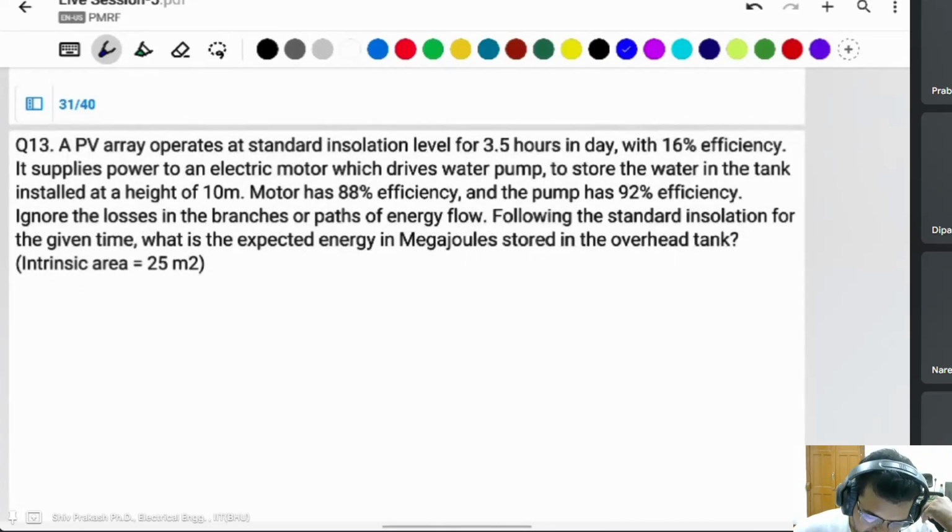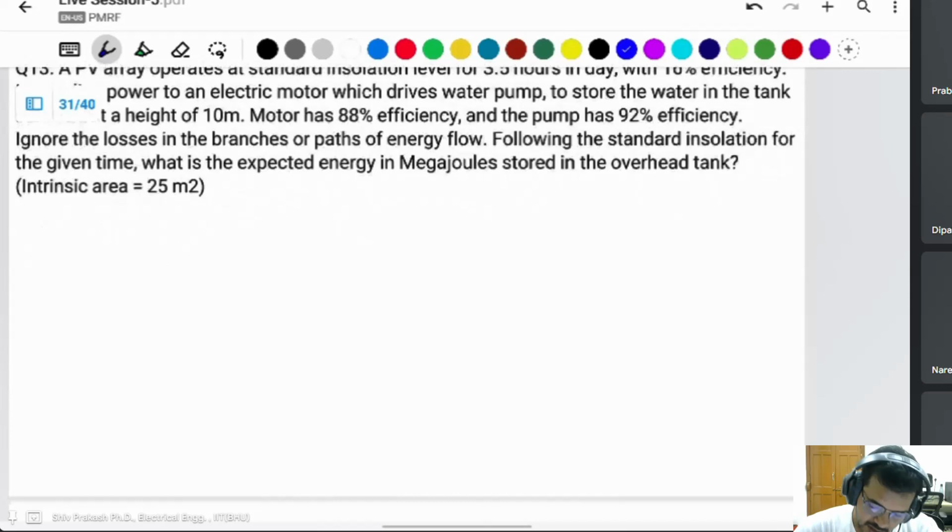Next, a PV array rated at a standard insolation level of 3.5 hours in a day with 60% efficiency supplies power to an electric motor which drives a water pump to store the water in the tank. That means there is a solar panel.